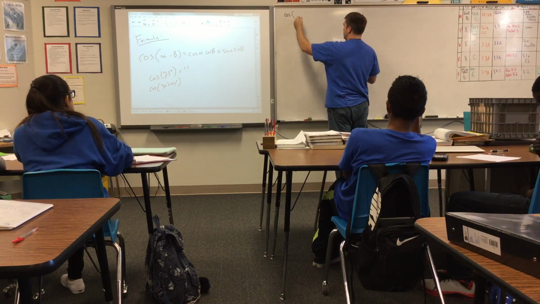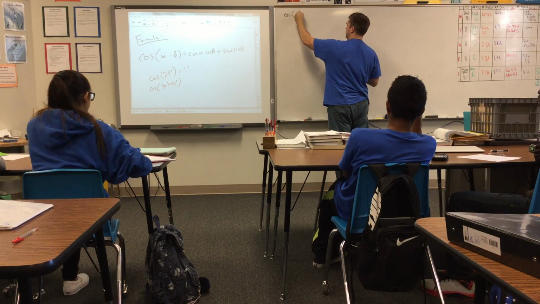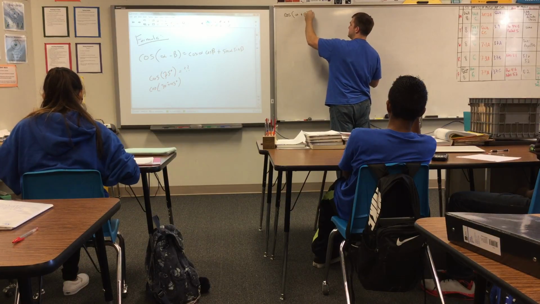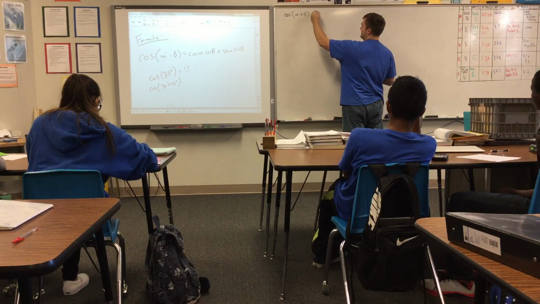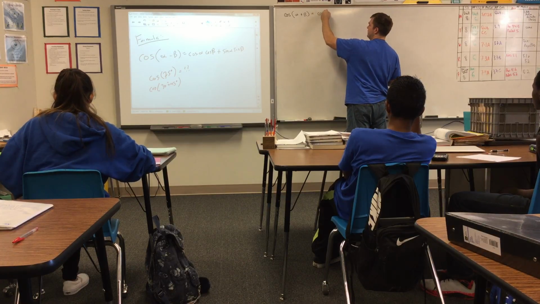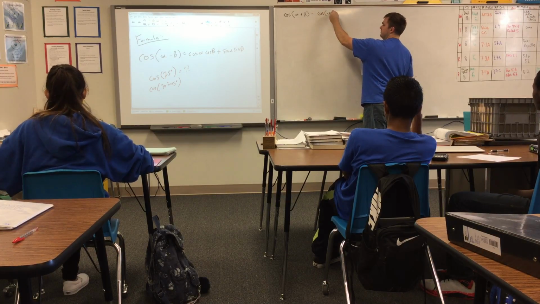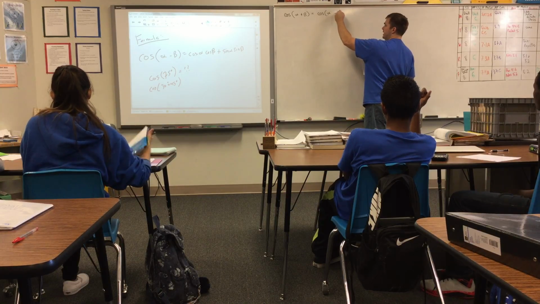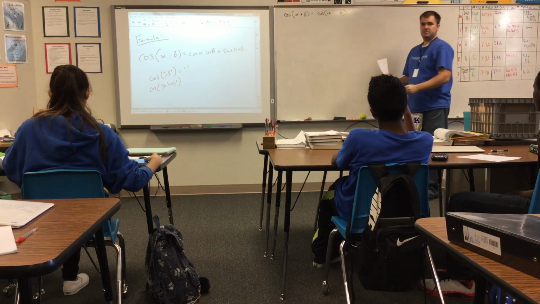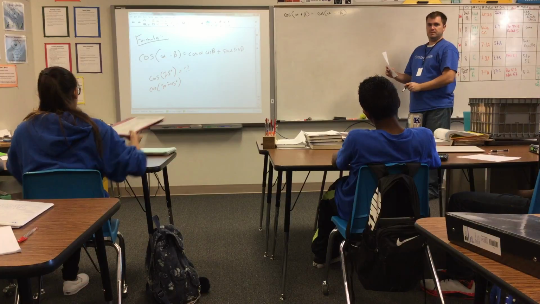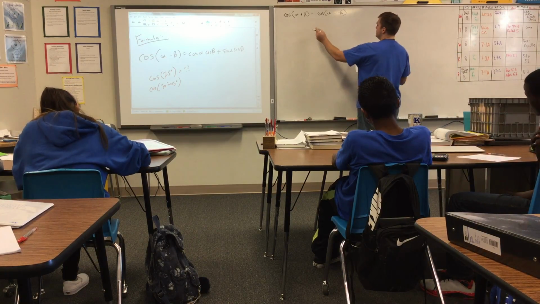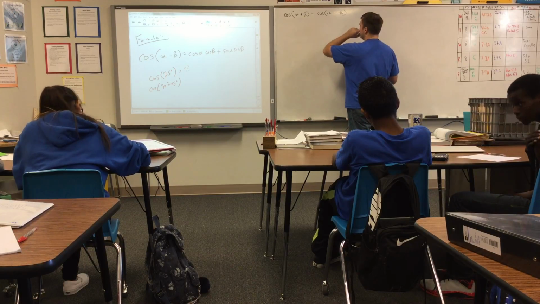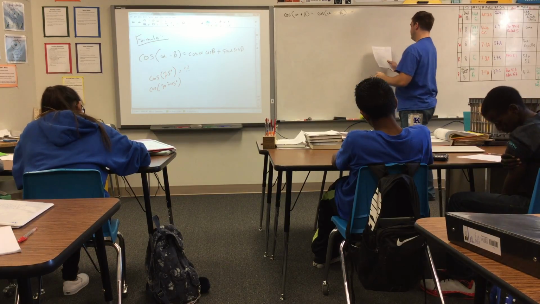Think of it like this: cosine of alpha plus beta is the same thing as cosine of alpha minus negative beta. Would you agree with that? Yeah, okay.